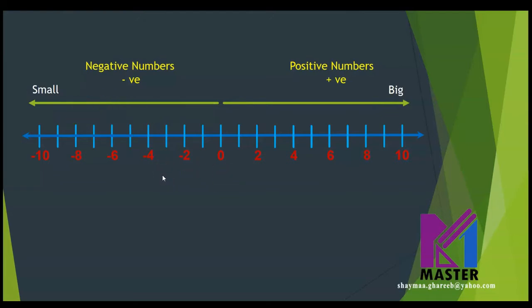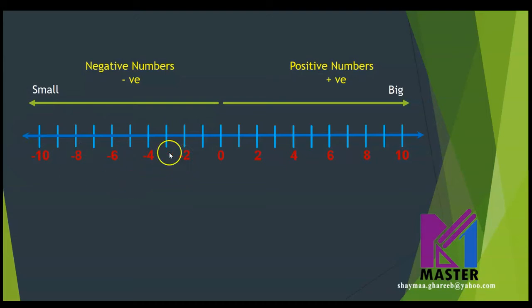As you can see, numbers are going bigger from left to right, which means the smallest number we can see here on this number line is negative 10. So negative 10 is the smallest number here. Then negative 8 is bigger than negative 10. Negative 6 is bigger than negative 8. Negative 4 is bigger than negative 6. And of course, it's bigger than all the numbers before it.